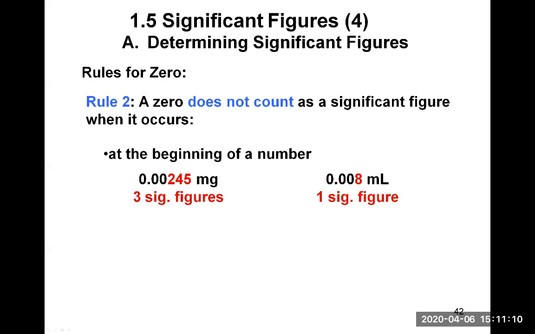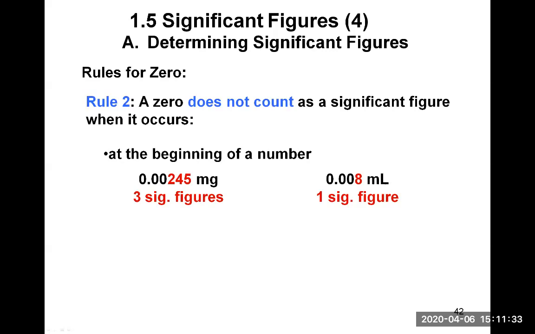They're only here to show you where the decimal point is, actually. It's what we call placeholding zeros. They show you where the dot is. And until you see a non-zero digit, you do not start counting. So you count the 2, the 4, and the 5, and that's 3 significant figures in that number.